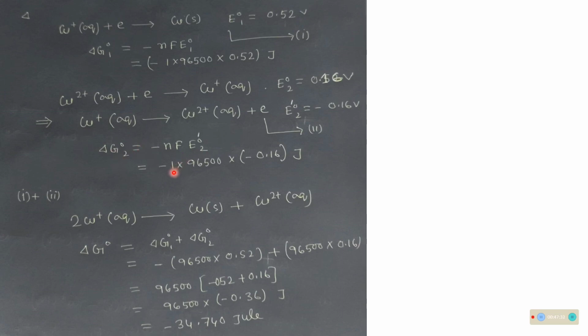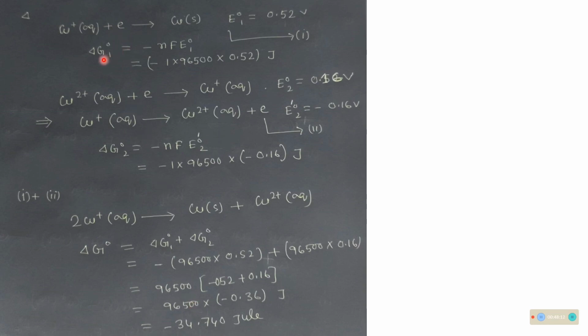Considering these reactions, I calculated the del G0 value. If we do 1 plus 2, then we get the overall cell reaction. If del G0 is the Gibbs free energy of this reaction, then it should be the summation of del G01 for the first reaction and del G02 for the second. In this way you can also solve the problem, and it becomes minus 34.74 kilojoule.